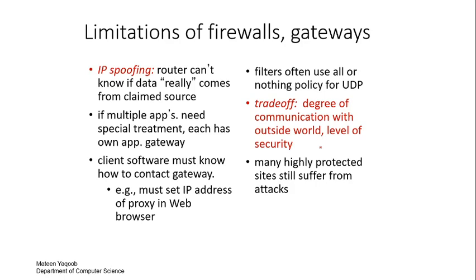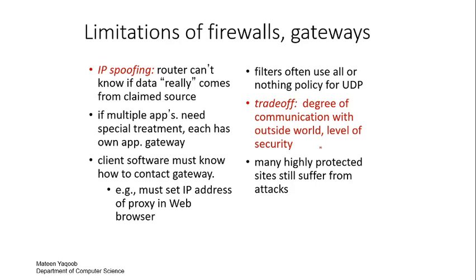There are some limitations of firewalls and application gateways, because of the concept of IP spoofing, which lets hackers spoof their IP. We are implementing firewalls, gateways and packet filtering based on IP addresses, so intruders can simply change their IP address to an allowed IP address.